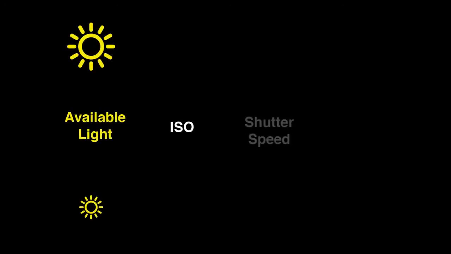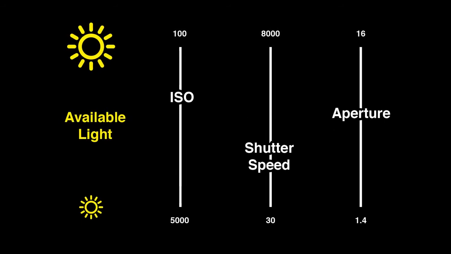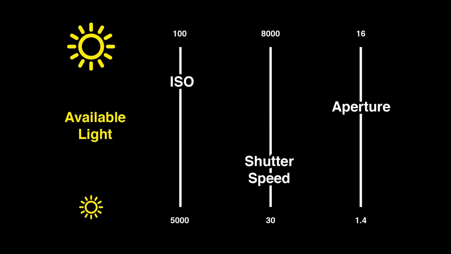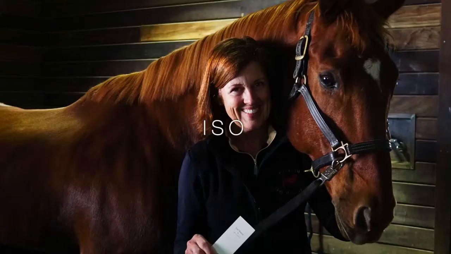Typically, cameras have three settings for regulating light: ISO, shutter speed, and aperture. And all three can be adjusted individually or in tandem when there's too much or too little light on your subject. Remember that when you adjust one, you'll have to adjust one or both of the others to make up for the difference. Think of ISO as your camera's sensitivity to light.